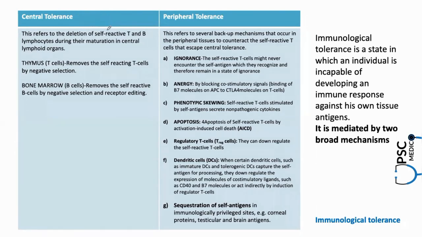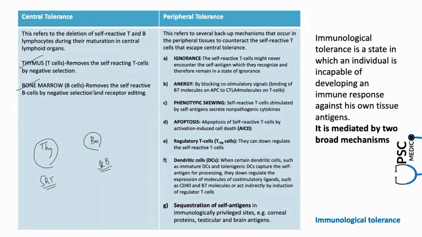With this basic knowledge, let me tell you what happens with central tolerance. Whenever, within the thymus or the bone marrow, any self-reactive T cells or self-reactive B cells are produced anomalously, the thymus and bone marrow act and kill them.